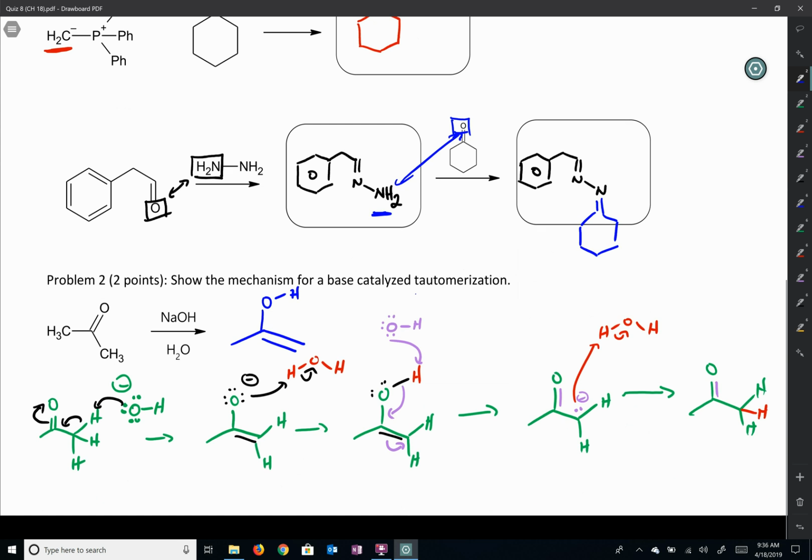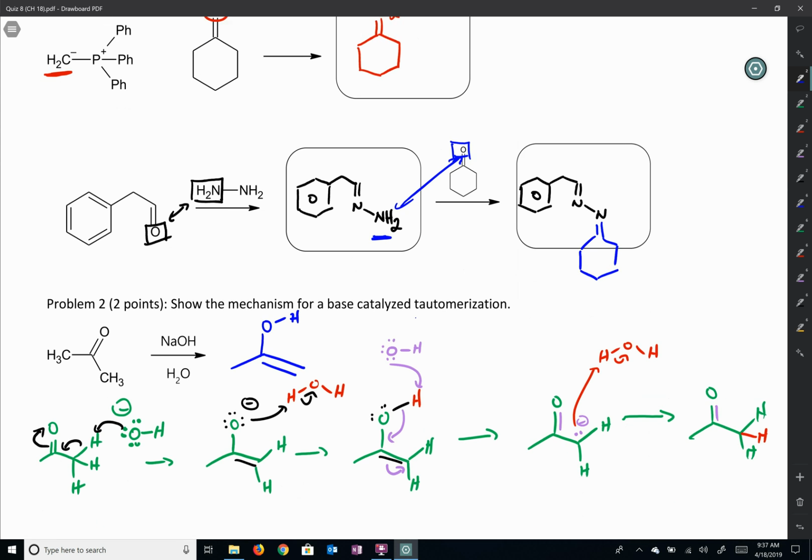All right, this one we covered in class, that's why it's already written down on here. But I asked you guys to show me the tautomerization under basic conditions. So I'll just pause here and let you guys take a look at that mechanism. This is going to be extremely important, especially as we get into chapter 22. We're going to talk a lot about how acidic that alpha hydrogen is.